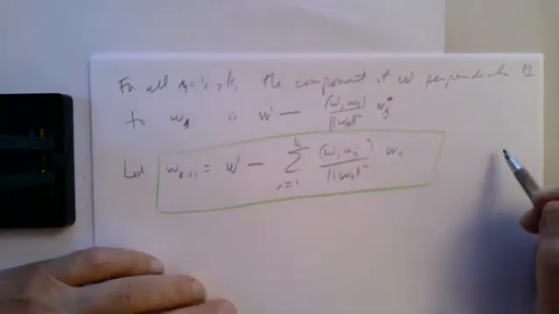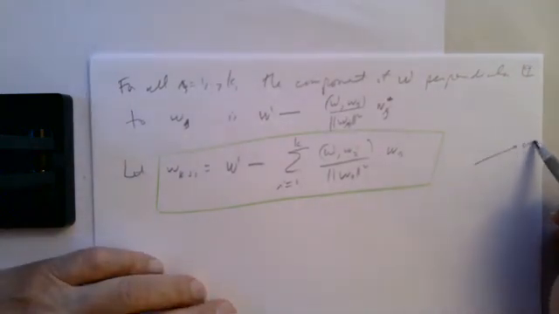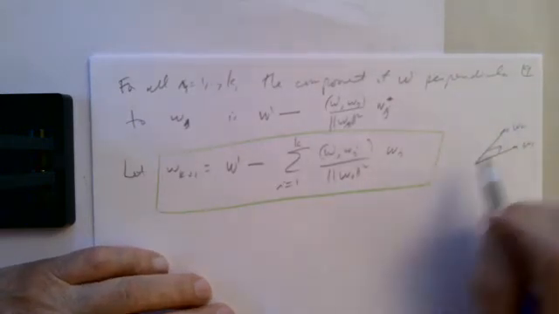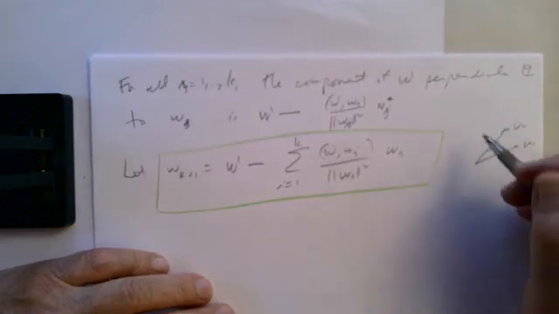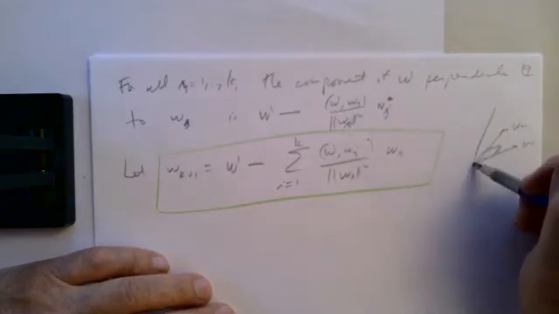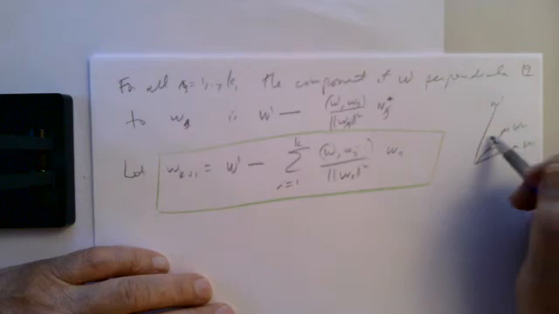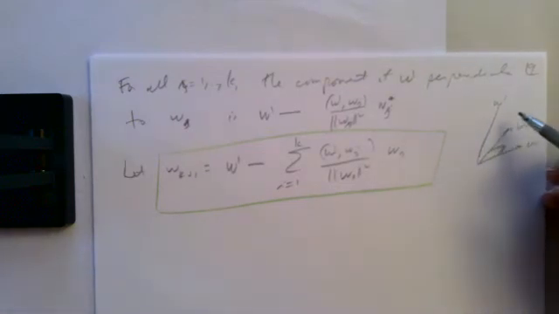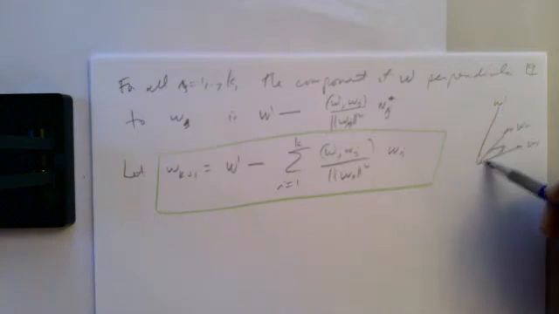So your picture might be something like this. Here we have W1 and W2, and they're perpendicular to each other. And then we have some vector W prime, which is not in the plane generated by W1, W2. And we want to find a component of W prime that's sort of perpendicular to both of these at the same time.